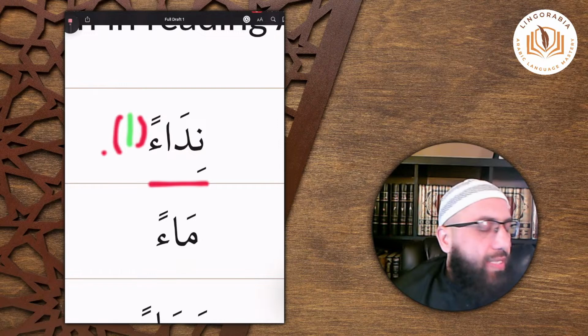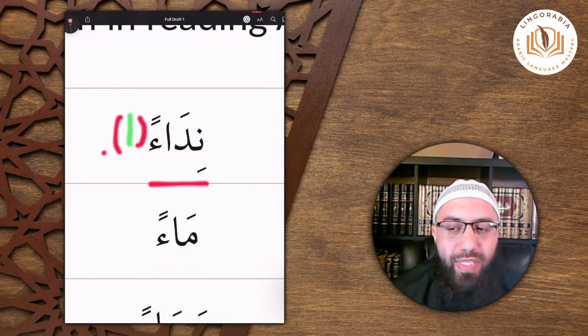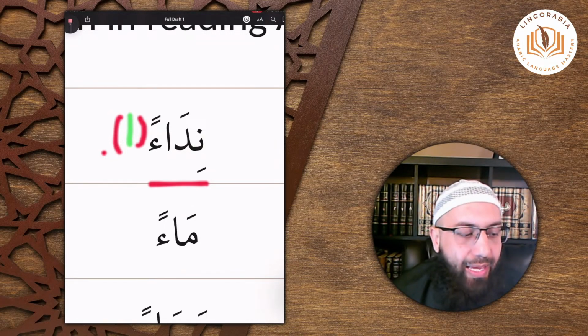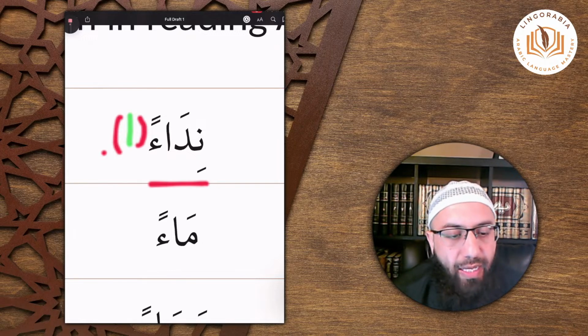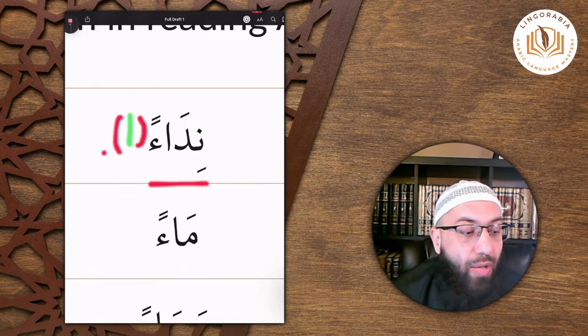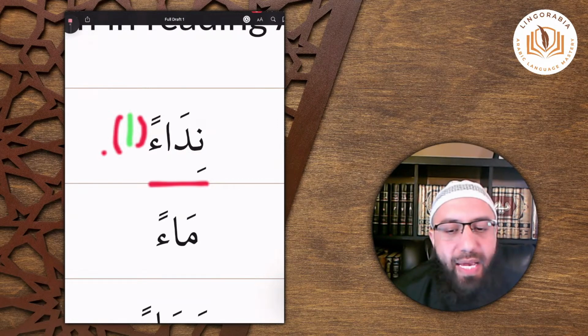Nowadays, when you open the Mus'haf, you would see on the side that they have written a note for you: pronounce it like this with the alif. A lot of masahif have this nowadays. So what happens here with the hamza?